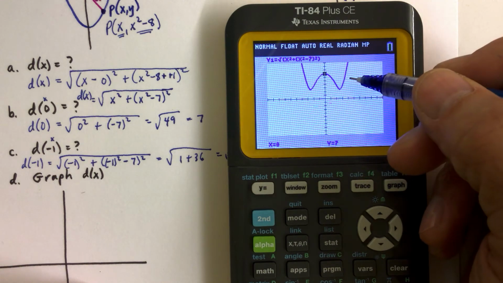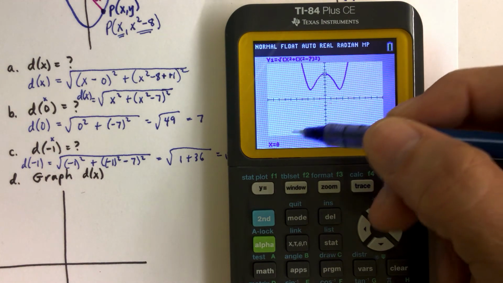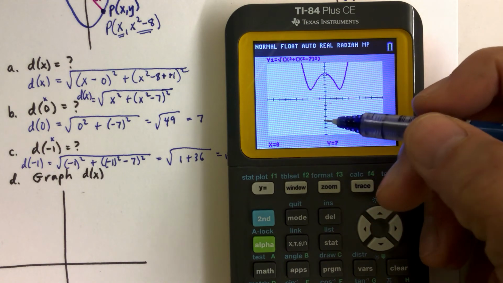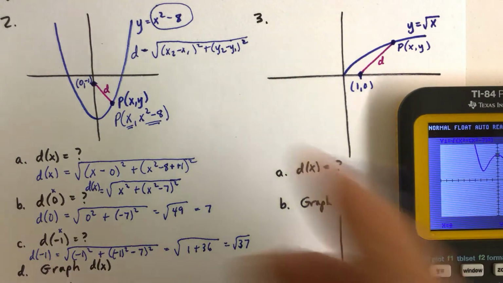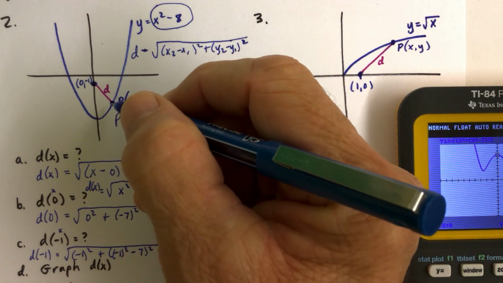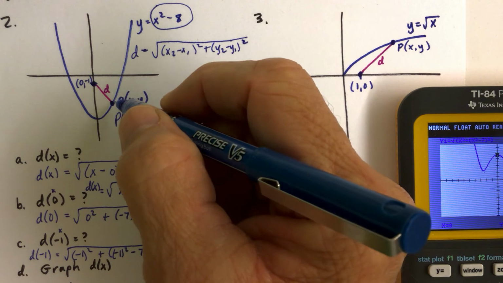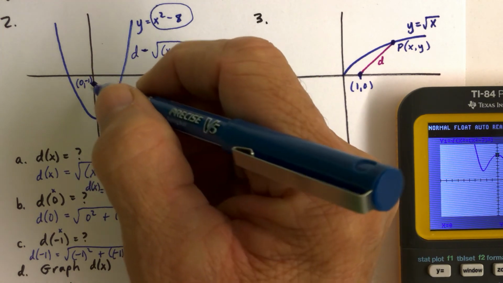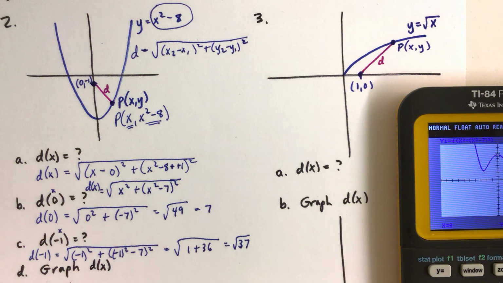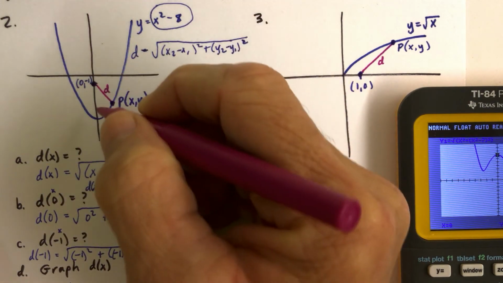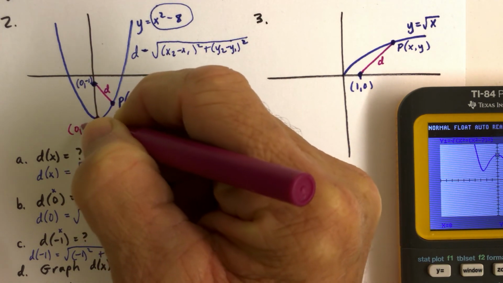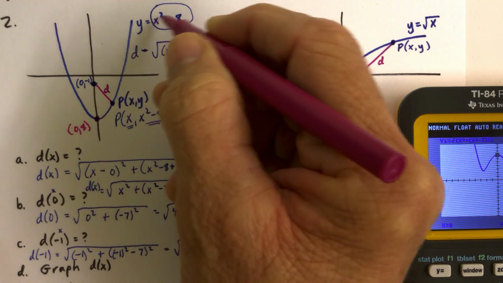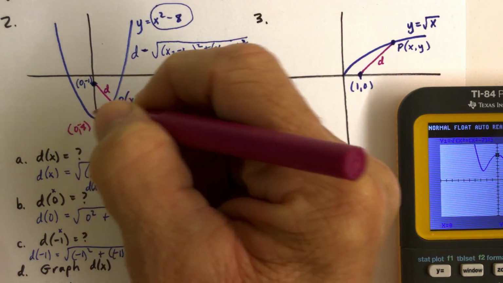So the graph shows us what the y values would be given the x value. In other words, if x is equal to 0, that means the ordered pair on the graph of y equals x squared minus 8 is 0, -8.